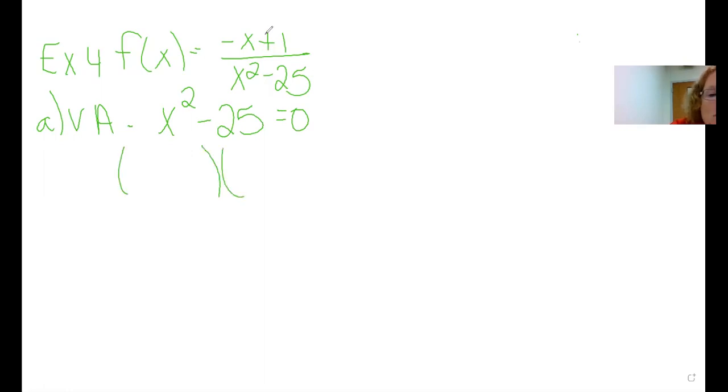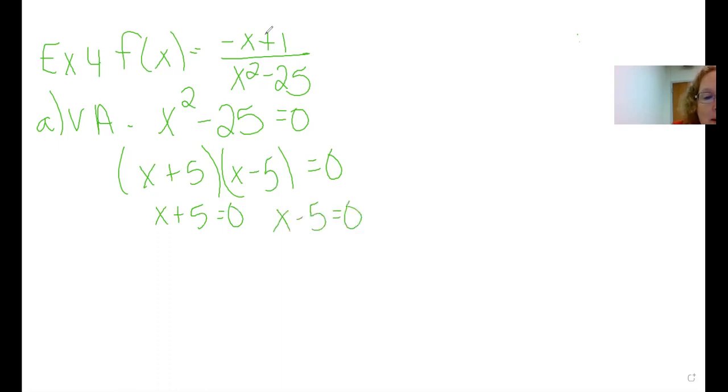It's called the difference of squares. So we factor it into x plus 5 and x minus 5. And then we set each one of those factors equal to 0. And then we get x equals negative 5 or x equals positive 5.